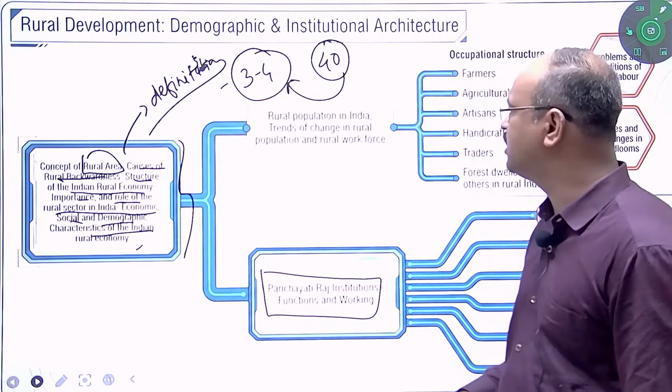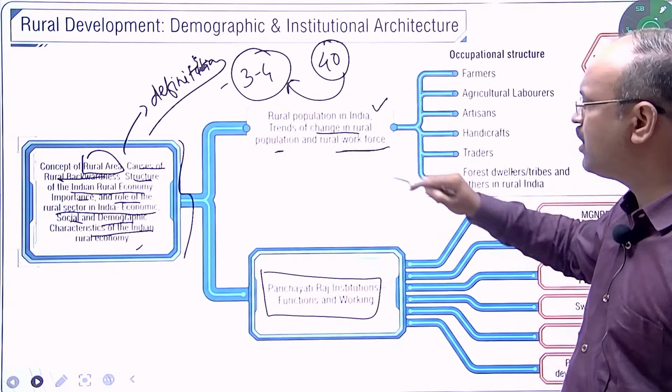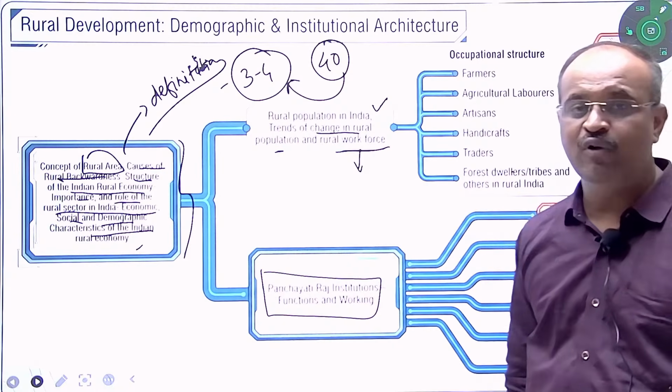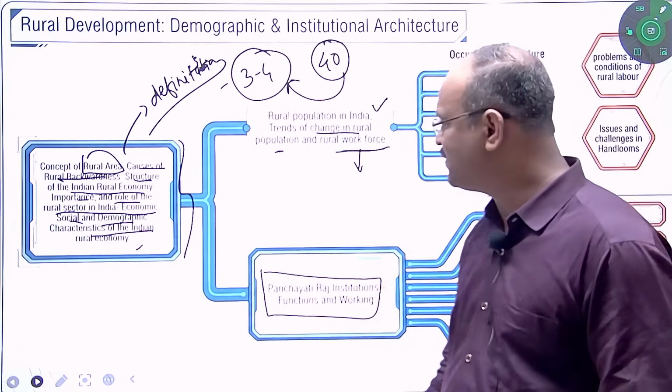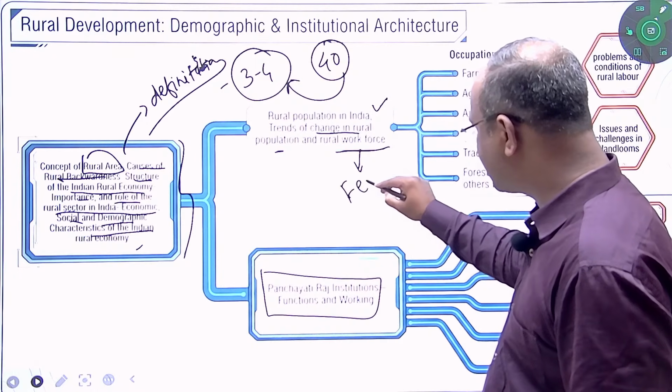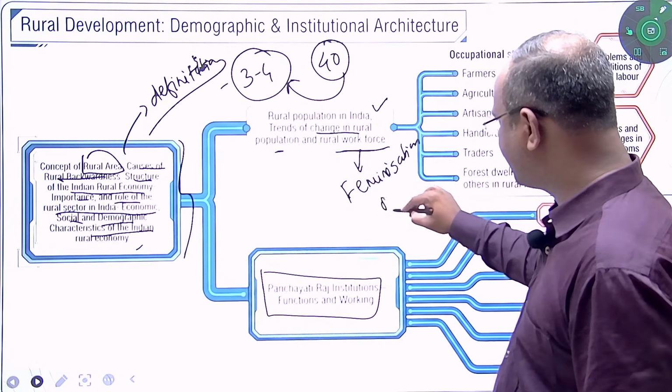Then rural population in India, trends of change in rural population, rural workforce. When we say the rural workforce is changing, you have to relate it a little bit to agriculture as well. Yesterday we were discussing the feminization of agriculture.